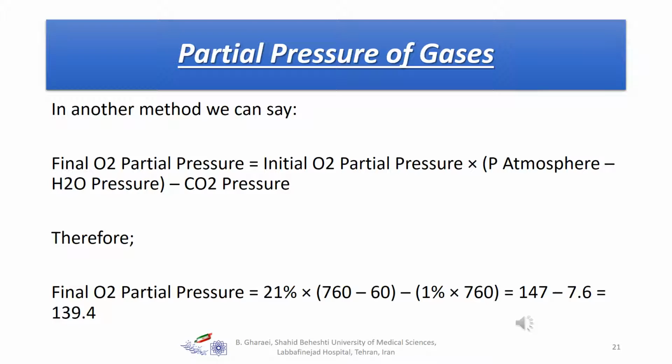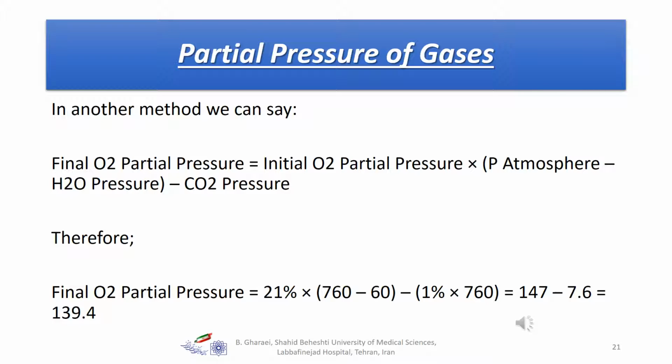Therefore, as you can see, the final oxygen partial pressure in our example would be 21%, which is the primary oxygen partial pressure in the room, multiplied by the remaining part of the pressure, which does not include water, which is 760 minus 60.